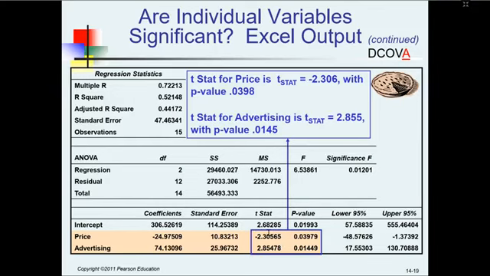Because it's a two-tailed test, you pick the absolute value. For price, the absolute value will be what? 2.30565. That's the absolute value.